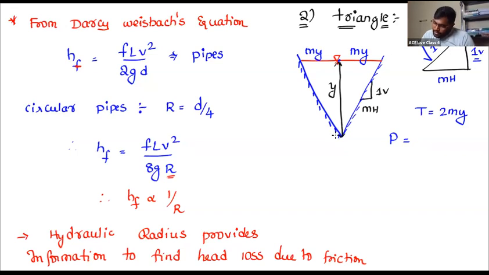For y vertical, root of 1 plus m square into y. So this value is y root of 1 plus m square, and there are 2 of them. So 2y root of 1 plus m square. That's about the top width and wetted perimeter.